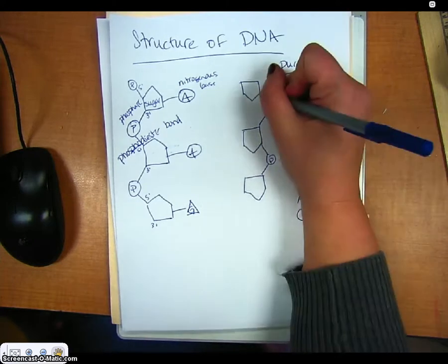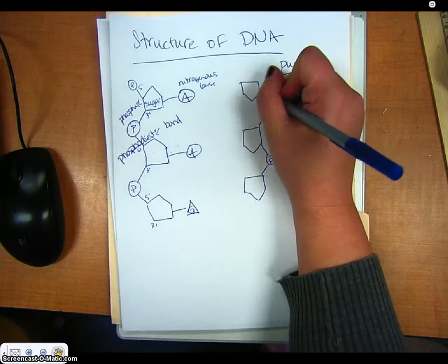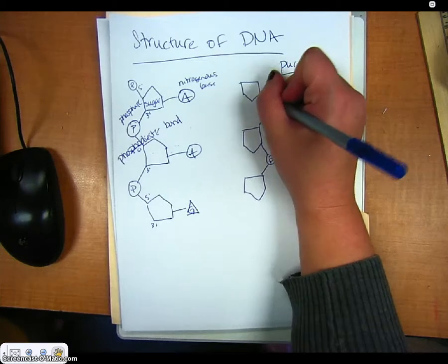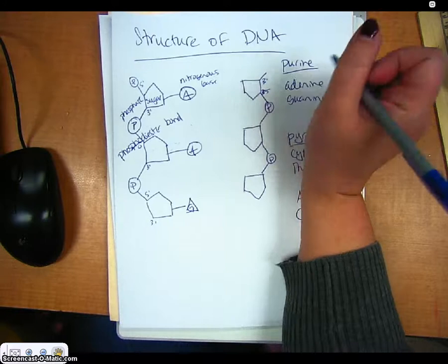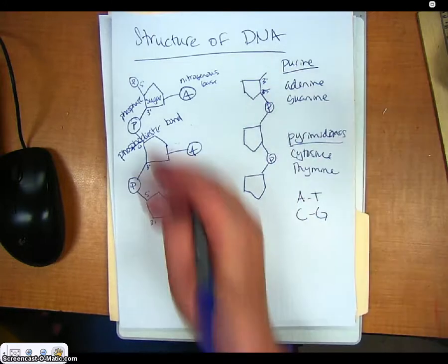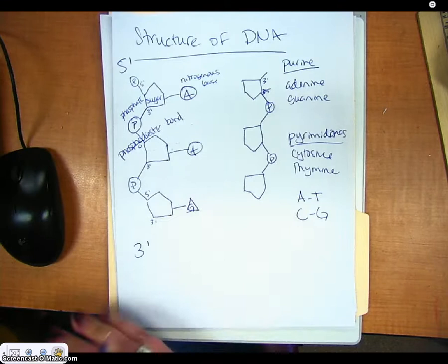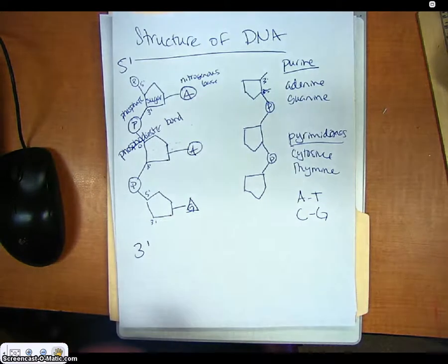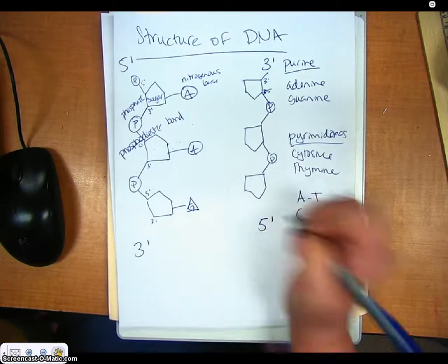In this case, you've got this being the 5', and this being the 3'. So you have the 3' on top and the 5' on the bottom. So this side of the DNA is 5' to 3', and then with the anti-parallel arrangement, upside down, the other side would be 3' to 5'.